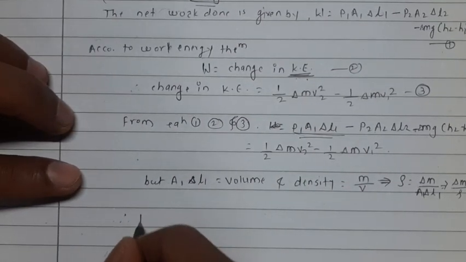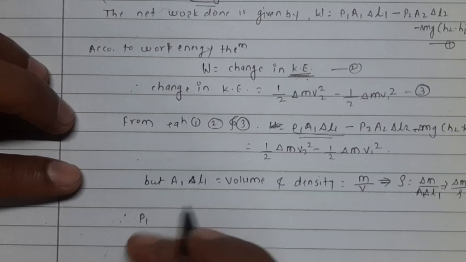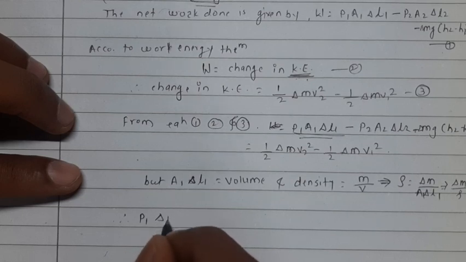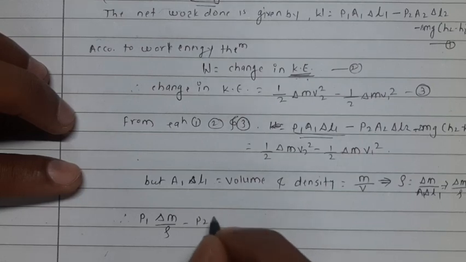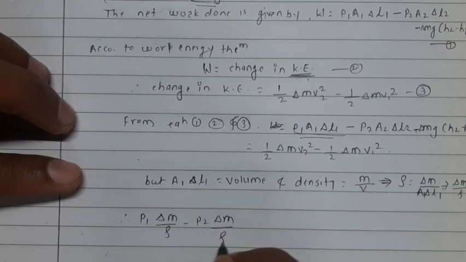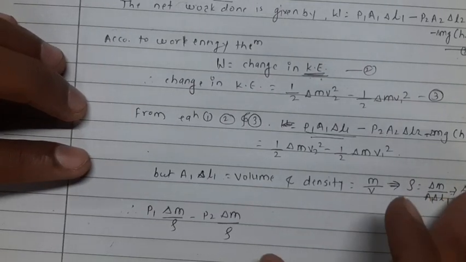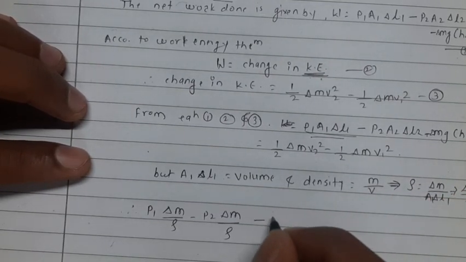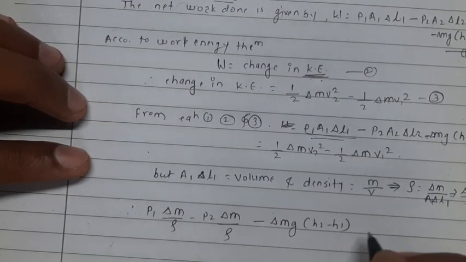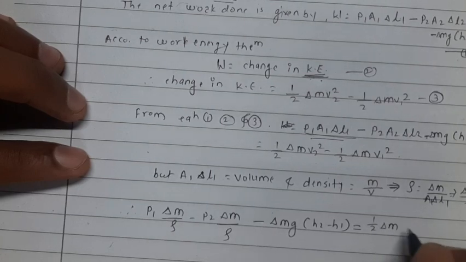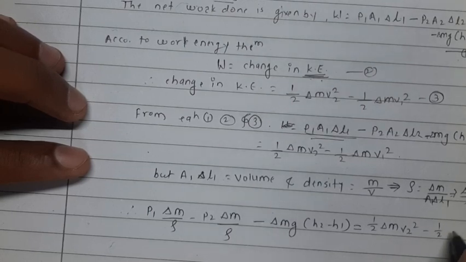It is P1 and A1 into delta L1, which is delta m by rho, minus P2 times delta m by rho again, because it is incompressible liquid and the density will be the same, minus delta m g into H2 minus H1. This is equal to 1/2 delta m V2 square minus 1/2 delta m V1 square.